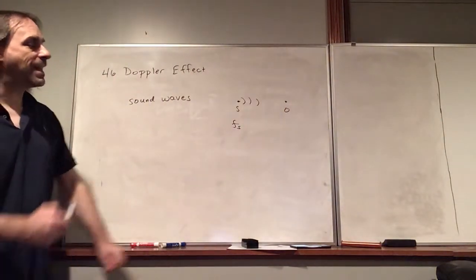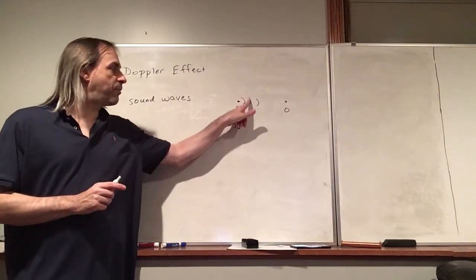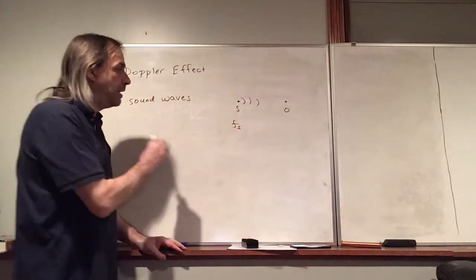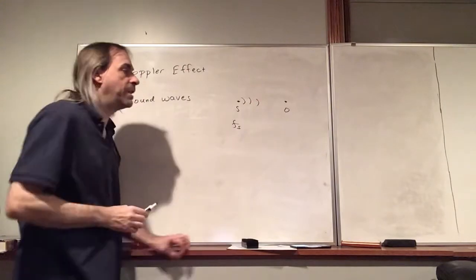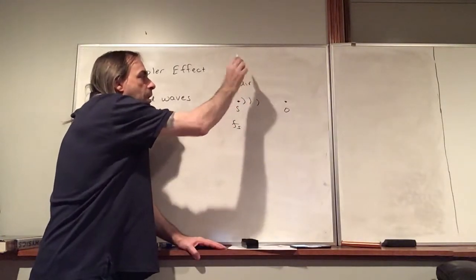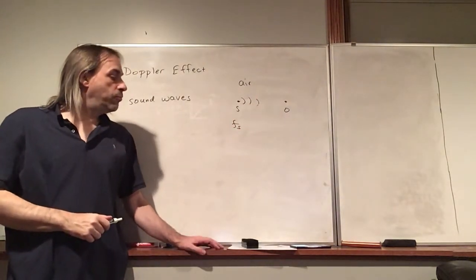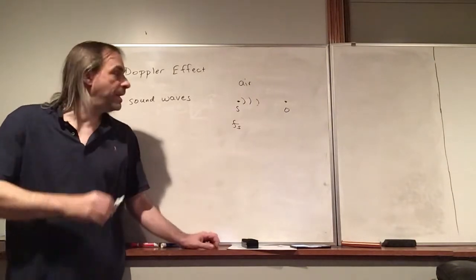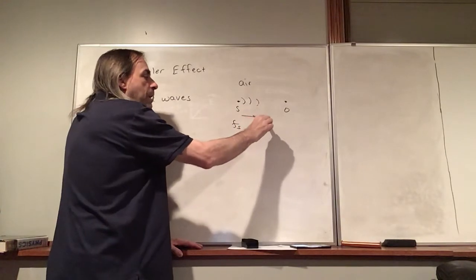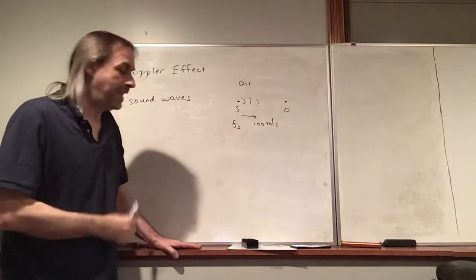The reason this is complicated when we're talking about sound waves is because there are actually three reference frames we have to consider. One is the source, the other is the observer, and the third is the air, because this wave is traveling through the air. And so you get different effects. Say the source is moving to the observer with a speed of 100 meters per second. That will affect the frequency that the observer hears.